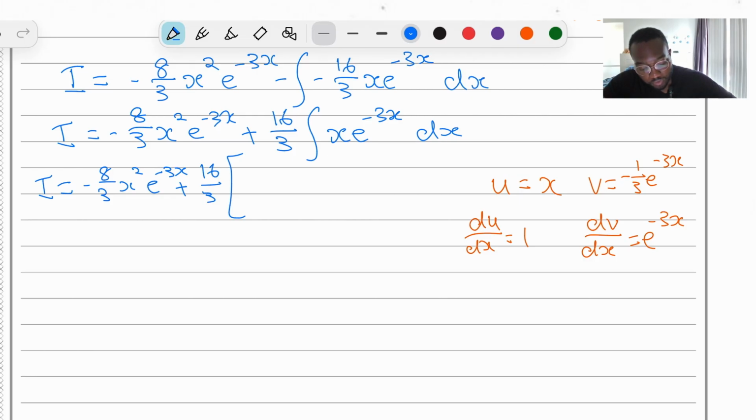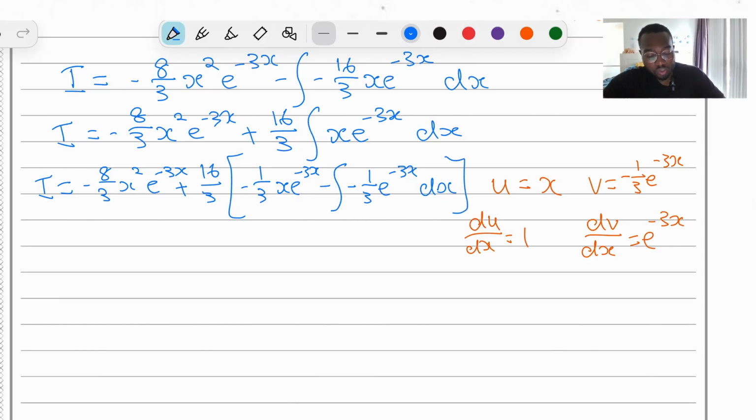Now we get the plus 16 over 3 and then all of this in brackets of uv. So uv is minus 1 over 3 x e to the minus 3x, and that's minus the integral of v du over dx. So v du over dx, that's just minus 1 over 3 e to the minus 3x, and that is with respect to x.